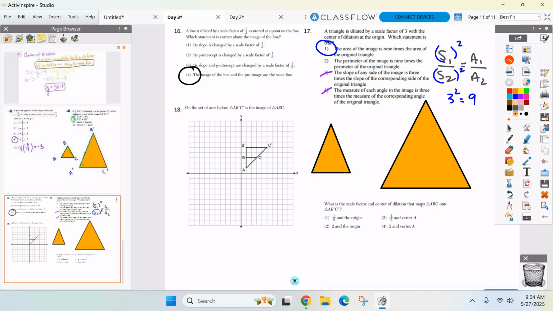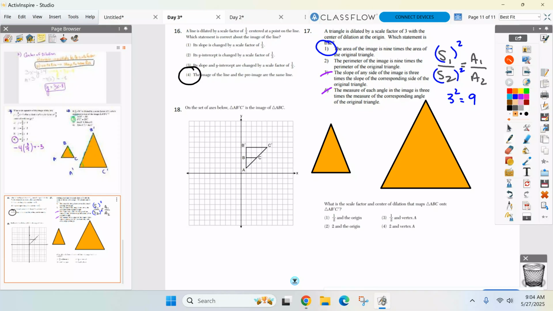You're going from ABC onto A prime, B prime, C prime. To try to help you out, what point's not moving anywhere?